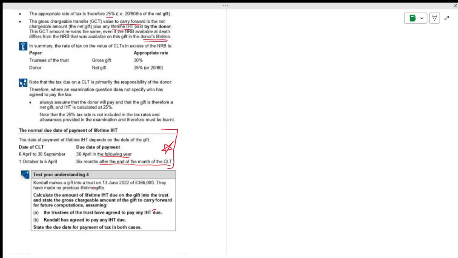Yes, CLT. And there is 25%, and if the donee pays, we will take the gross. When the donor pays the tax, we will take the net, net converted to gross. We convert into gross.